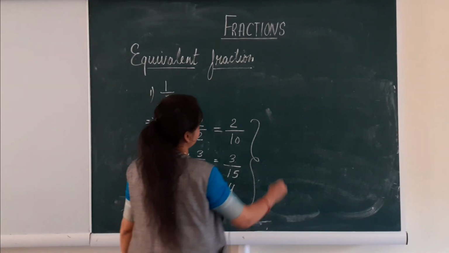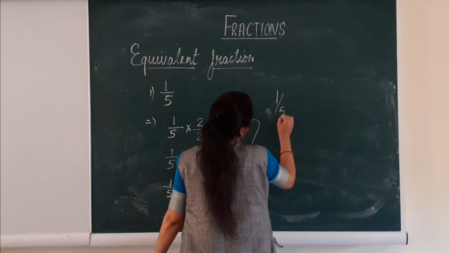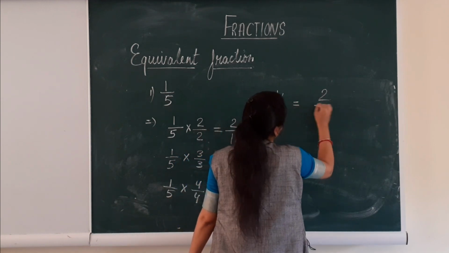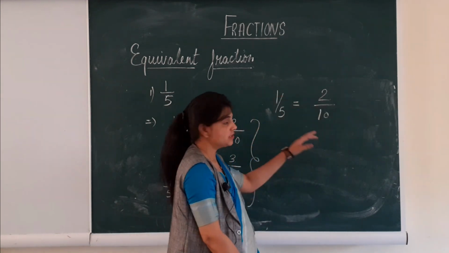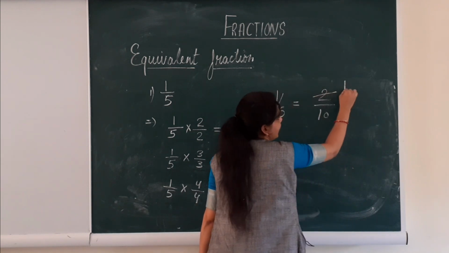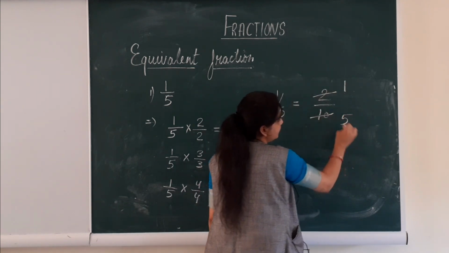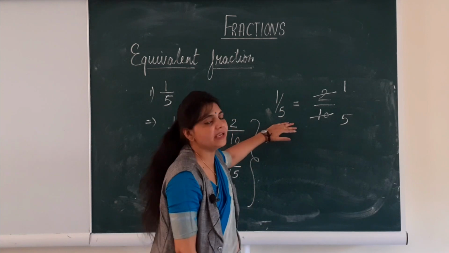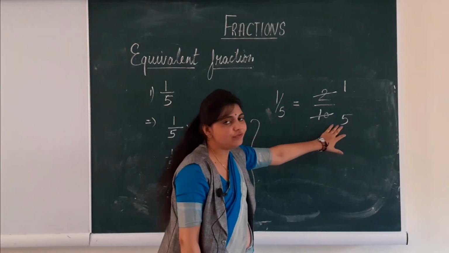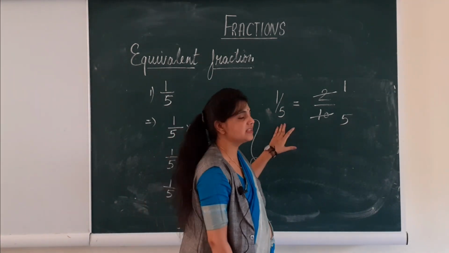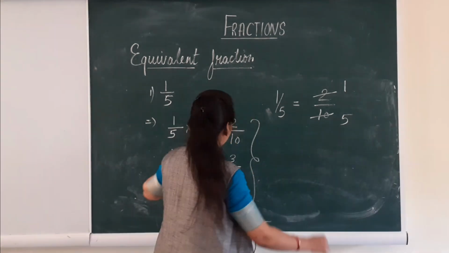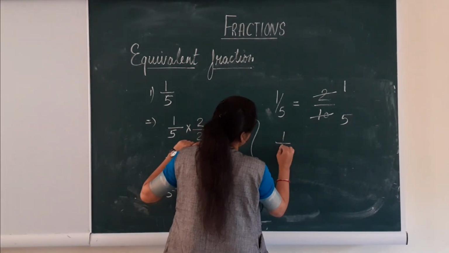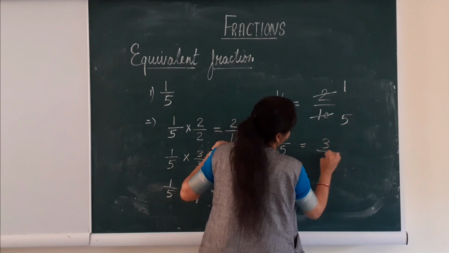We will check this also. 1 by 5 is equals to 2 by 10. Yes, 2 table. 2 ones 2, 2 fives 10. Again we will get the same number, 1 by 5. It means both the fractions are equal. Next check for this also. 3 by 15.